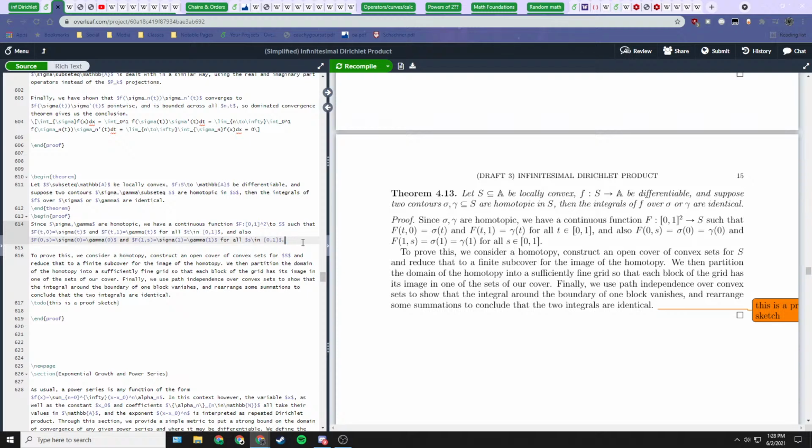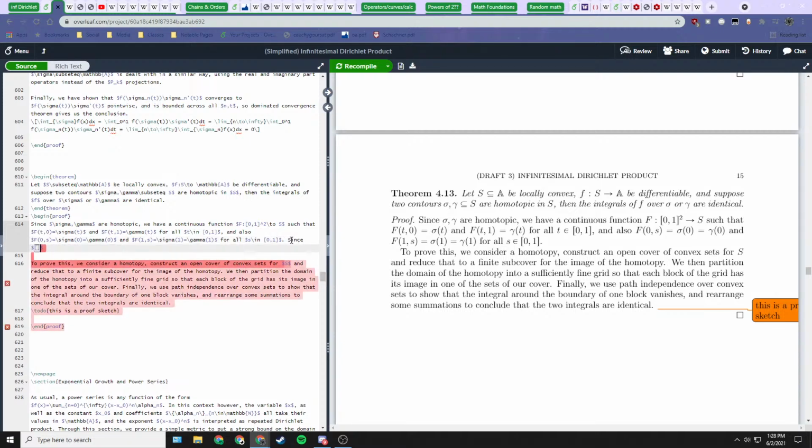So how do we want to start out? We have this continuous function f, with its conditions. We want to start by producing a finite open cover of convex sets.